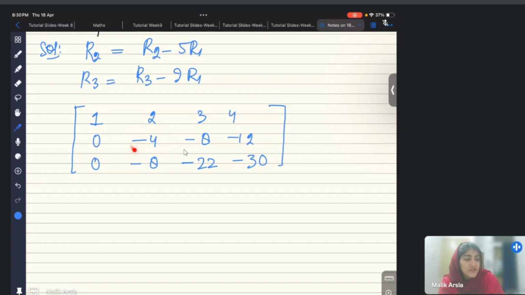We have to make this 1, so we will divide this entire row by minus 4, and after that we will focus on the entries below and above to make them 0.